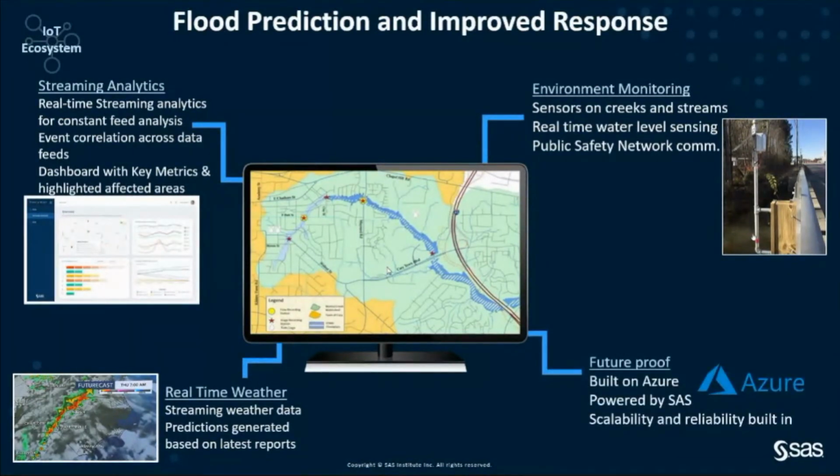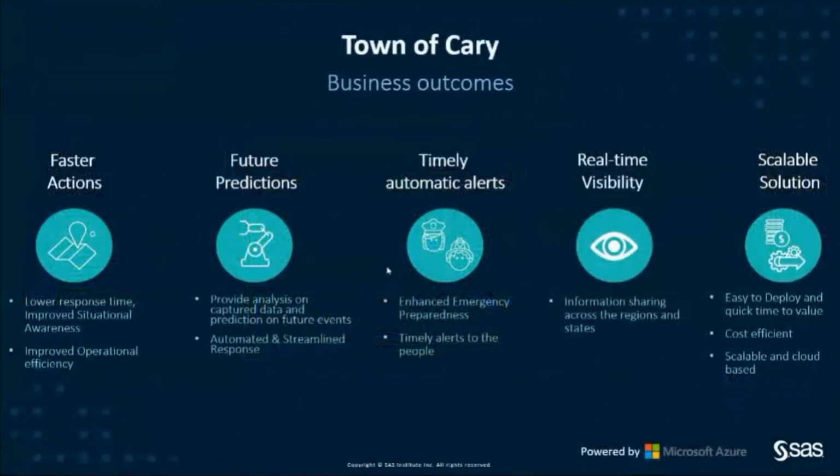Everything was built with Azure because the sensors that were being used could communicate directly with the Azure IoT Hub. And since it's a cloud-based solution, it was scalable and reliable. So we see different business outcomes out of this. We were able to take fast actions.